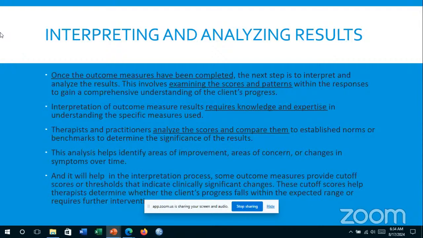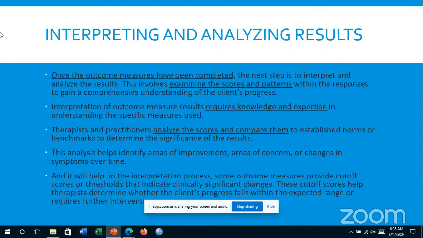Then you analyze it, which will help the interpretation process and provide a cut-off score. Okay, I expect this patient to score 80 in the use of hearing aid, but with all my measures and the score, I can interpret it to be 50. What and what do I still need to do?